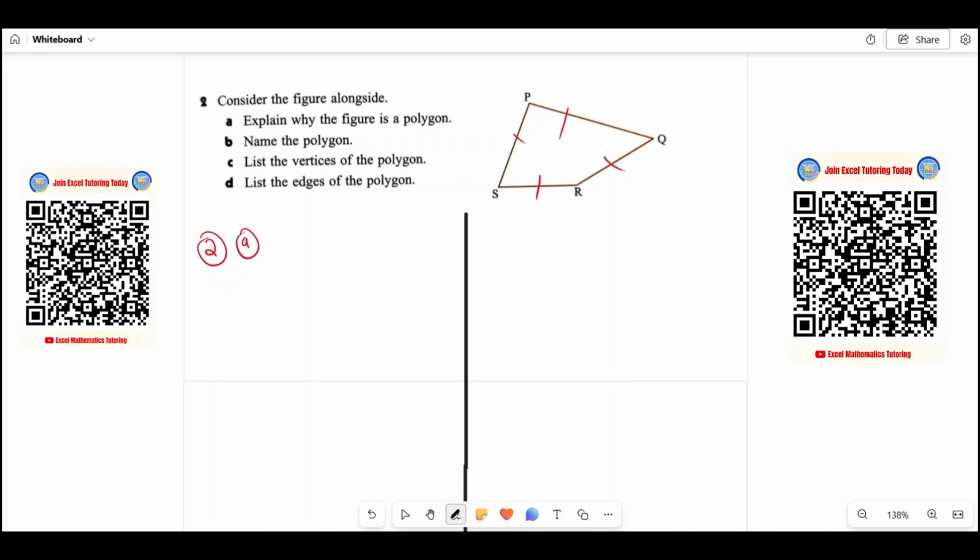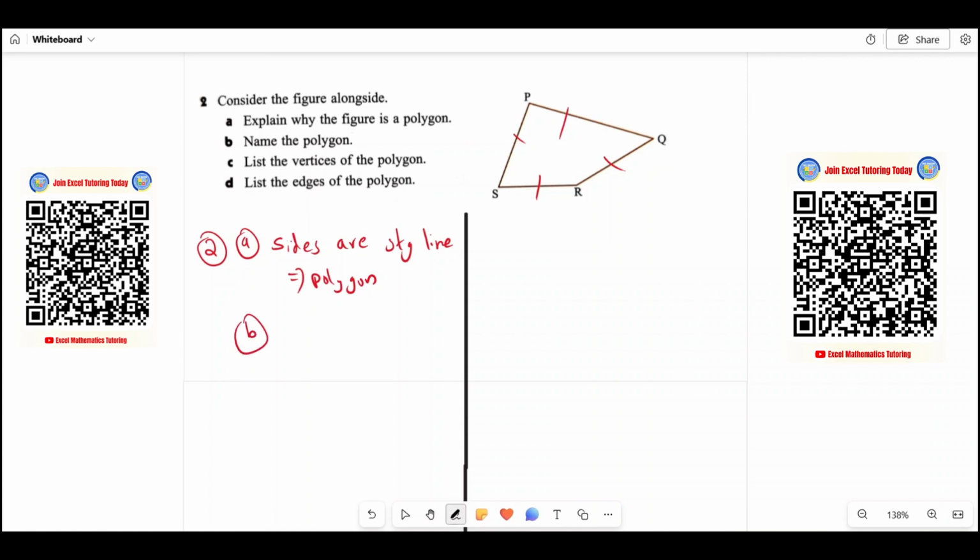The sides are straight lines, which implies it's a polygon.